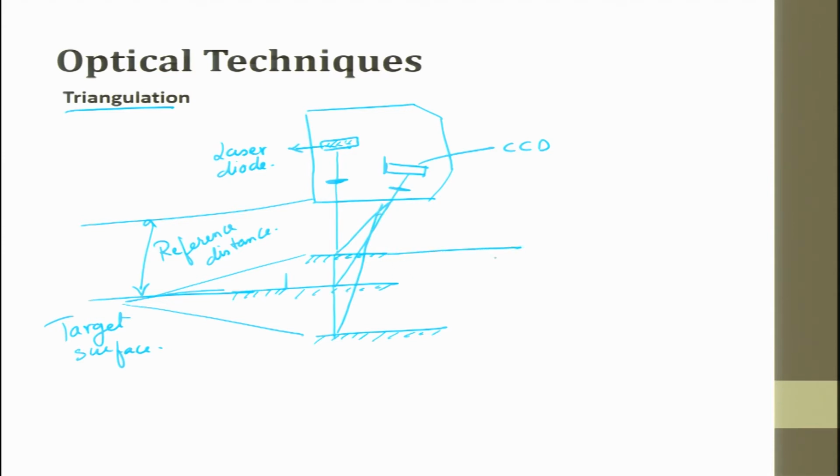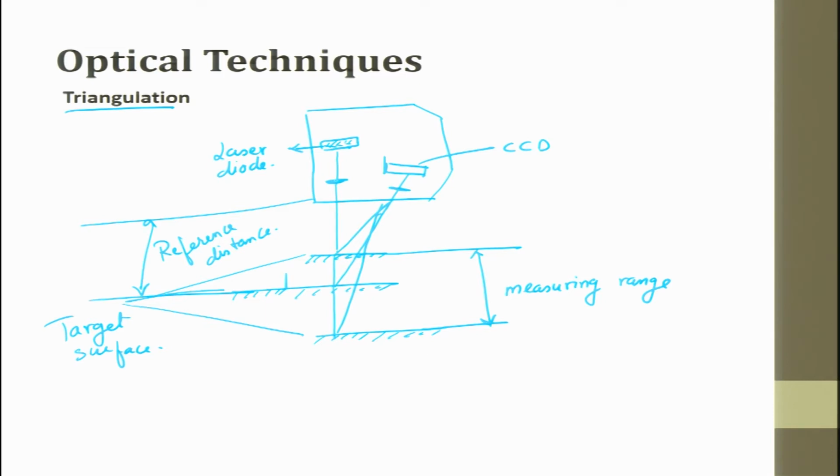This is the measuring range. So, this is how an instrument looks like. This is the reference distance, this is the measuring range you have, and these are the target surfaces.